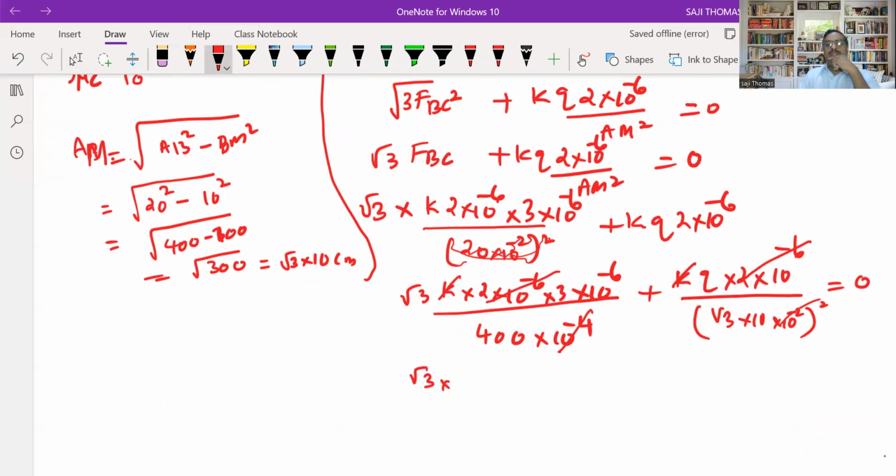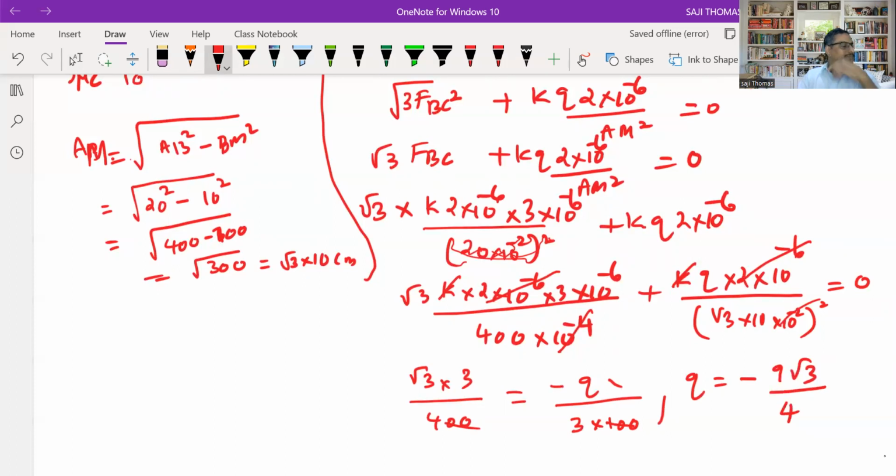Root 3 into 3 divided by 400 equals minus q into q divided by 3 into 100. So this 100 and 100 you can cancel. So what will be q? Q will be negative 9 root 3 divided by 4. So this is the answer.